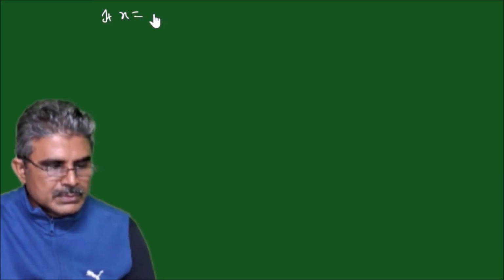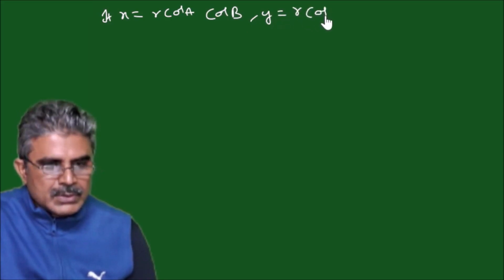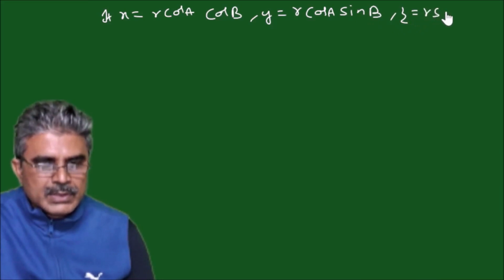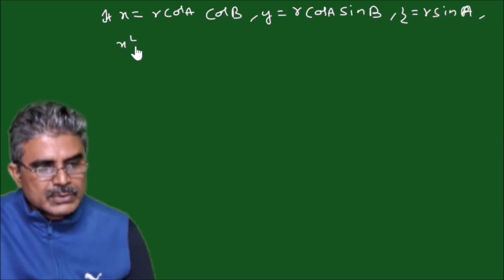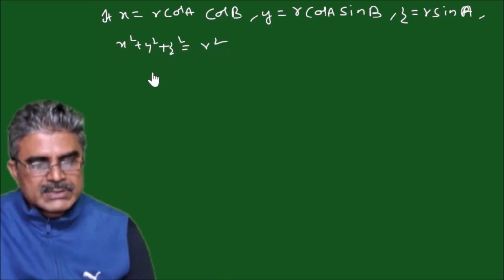Our next problem is, if x is equal to r cos a cos b and y is equal to r cos a sin b and z is equal to r sin a, then we need to show x square plus y square plus z square is equal to r square.